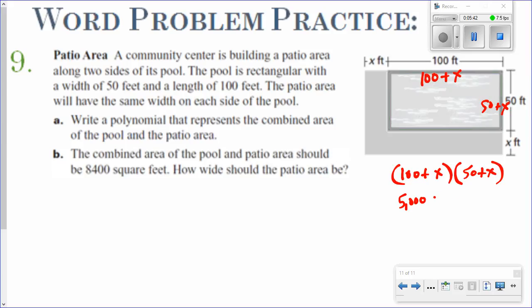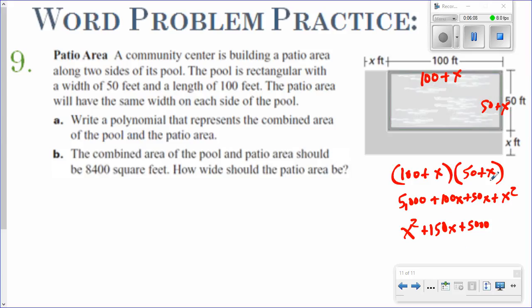And then 100 times x, so that's 100x. And then we get another 50x, and then we get an x squared, right? So our polynomial is x squared plus, what is this, 150x plus 5,000, okay?